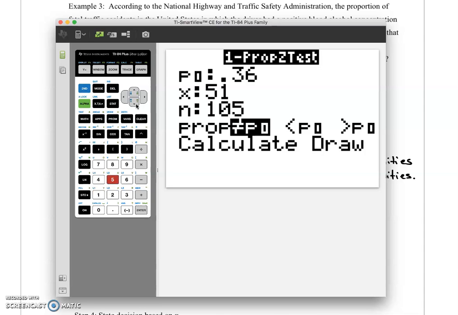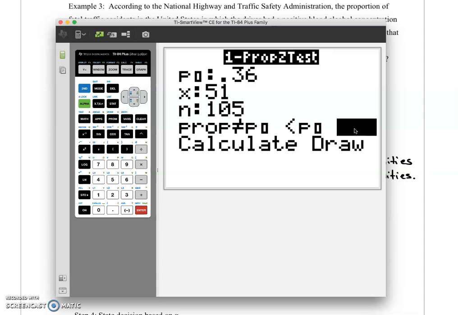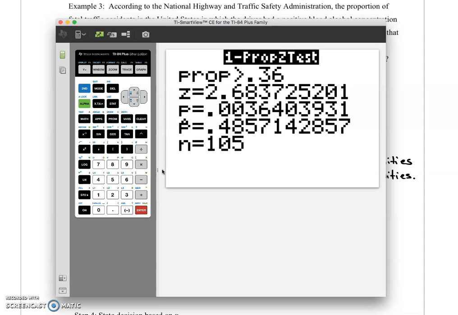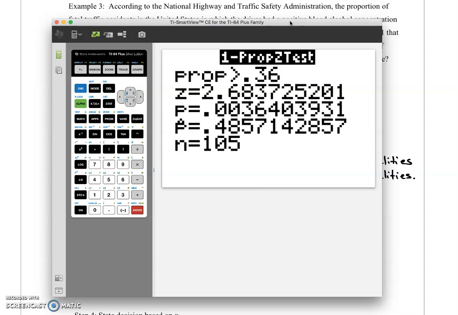Sorry, muddled that around in my head. And we are greater than, so we need to pick the greater than P naught and go to calculate. The test statistic is 2.68, the Z, and our p-value is 0.0036.